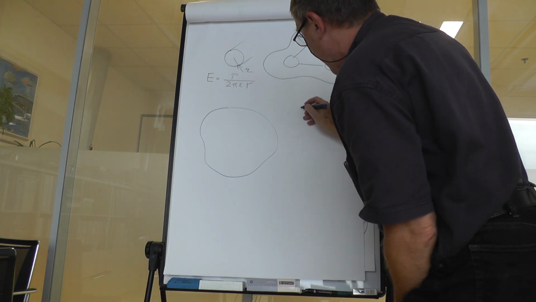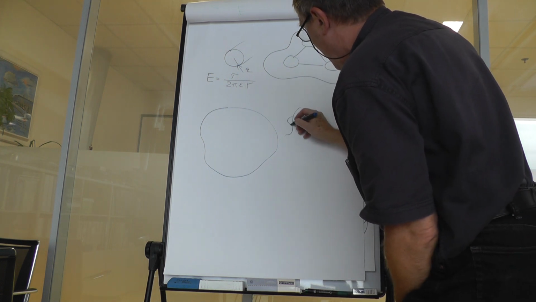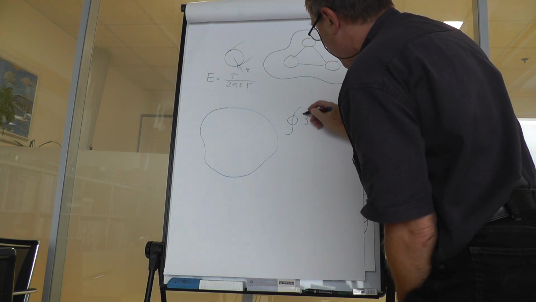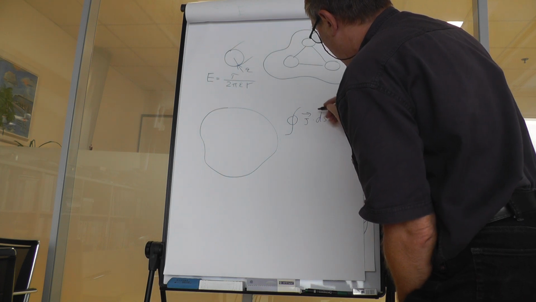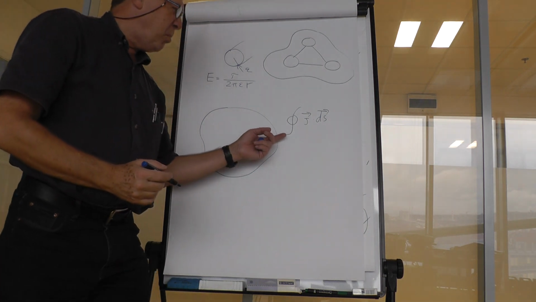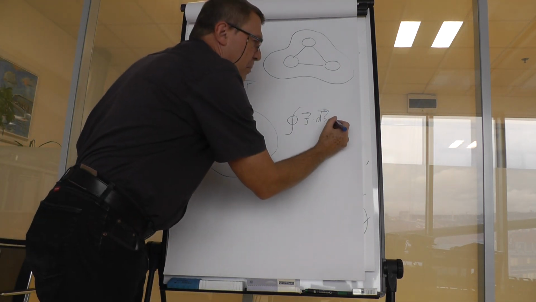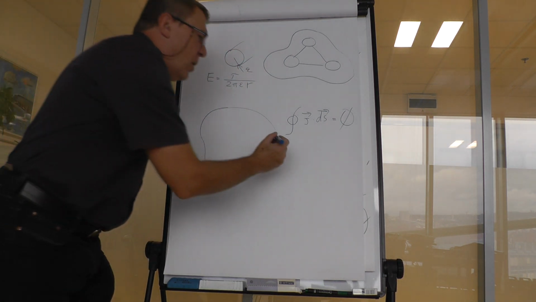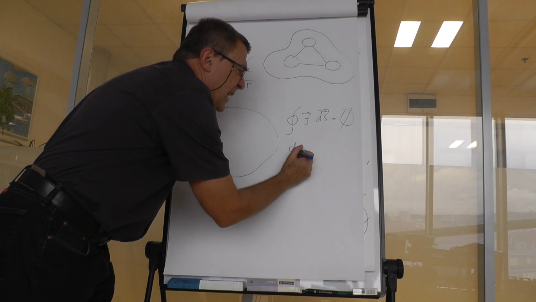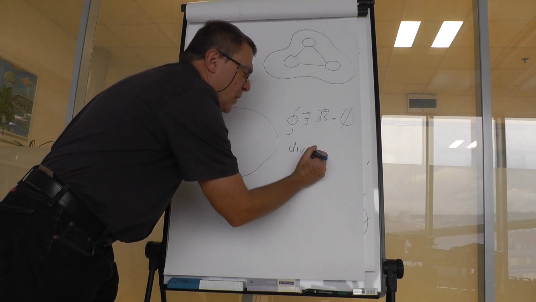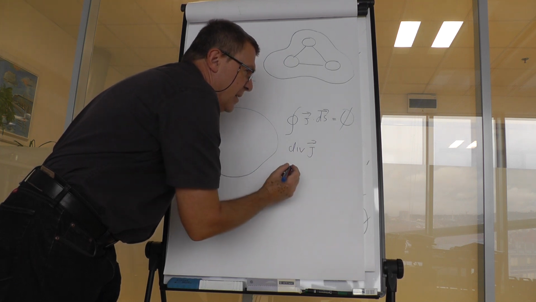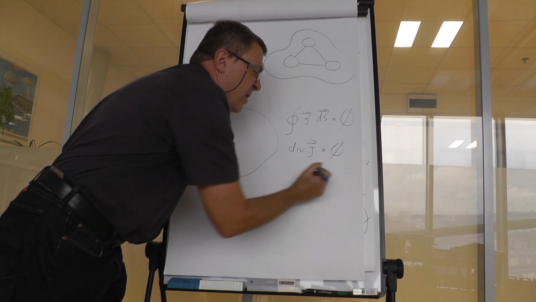Or you could tell that the integration over a closed surface of the current density multiplied by the element of the surface of that ball must always be zero, which also could be expressed in another way. Divergence of the current density is zero.